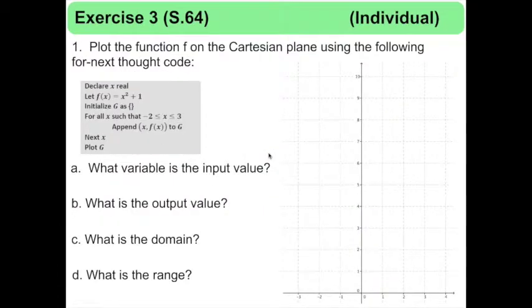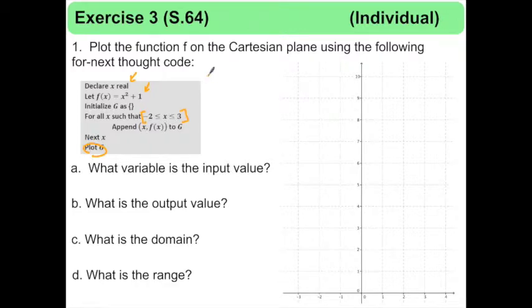Exercise 3, we're going to take a look at this final program and note that this is real, this is our function, and we're going to use all the values in between -2 and then 3. They want us to plot these values on this given grid.